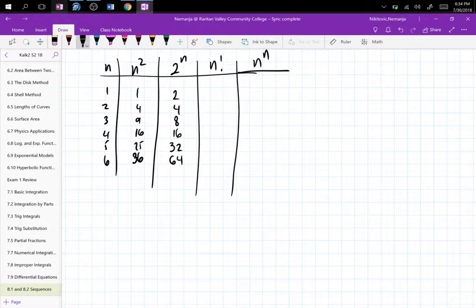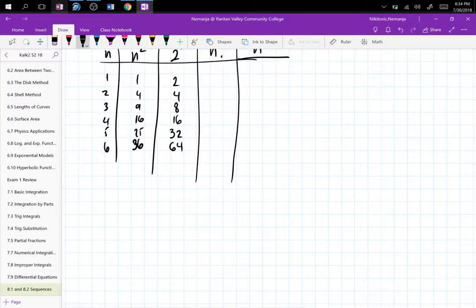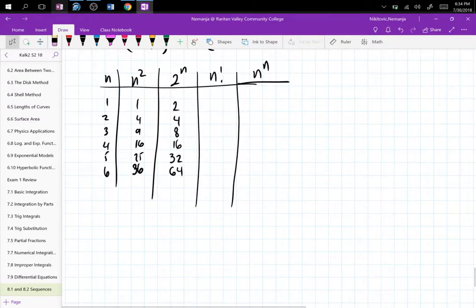We can skip the factorial column and go immediately for the one at the end, because you know what that one is. I'm going to write the numbers for the factorial, but we'll have a full lecture on those.